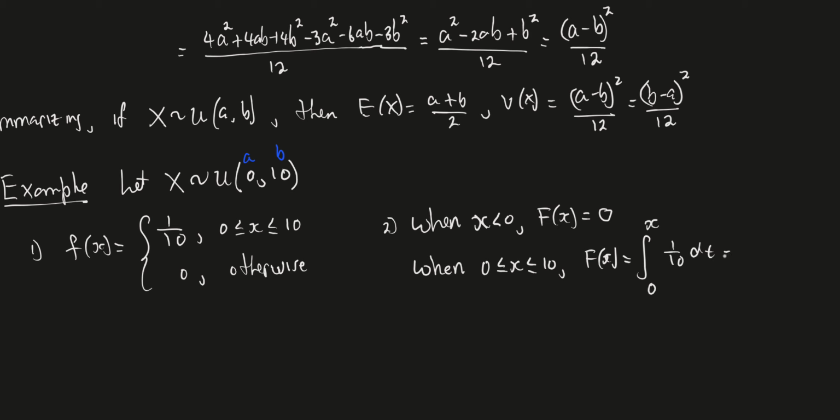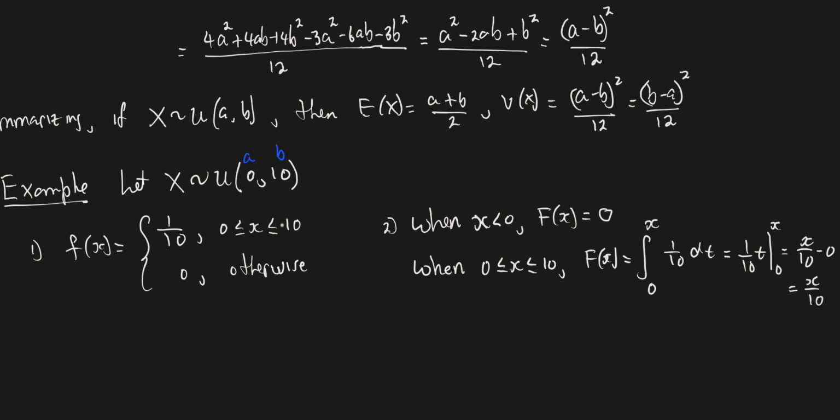So what does this end up being? Well, this ends up being 1/10 t evaluated at 0 and at x. So it ends up just being a really nice simple linear function. At the upper limit, we'll get 1/10 x, so I'll just write it as x over 10. And then at the lower limit, we'll be subtracting 0. So it's just x over 10.